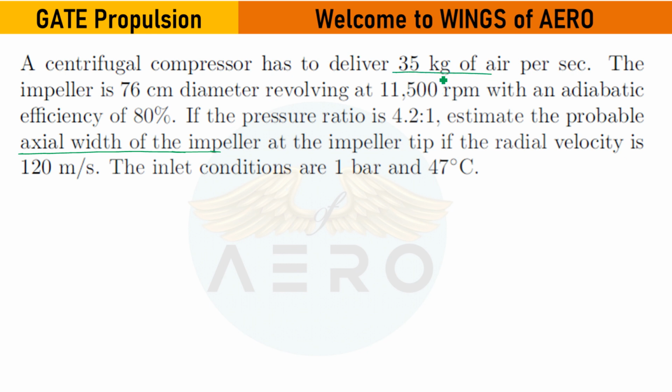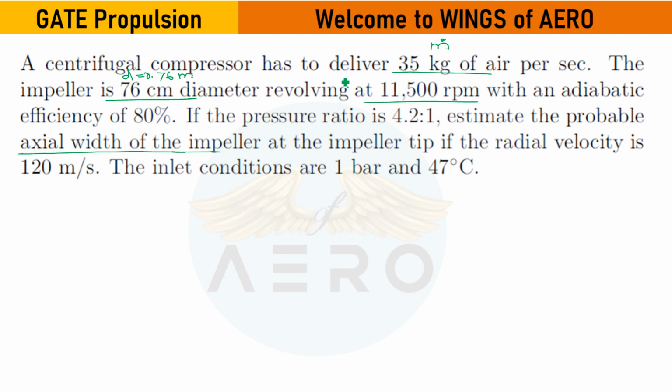They have given the mass flow rate of air per second. Then they have given the impeller diameter, 76 centimeter. So always try to convert the units in terms of meter. So can I write 0.76 meter? The diameter is given.